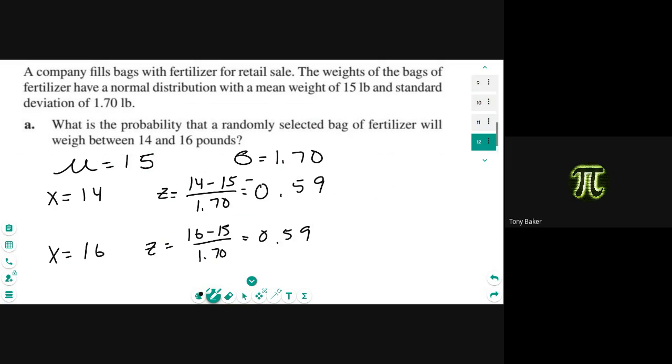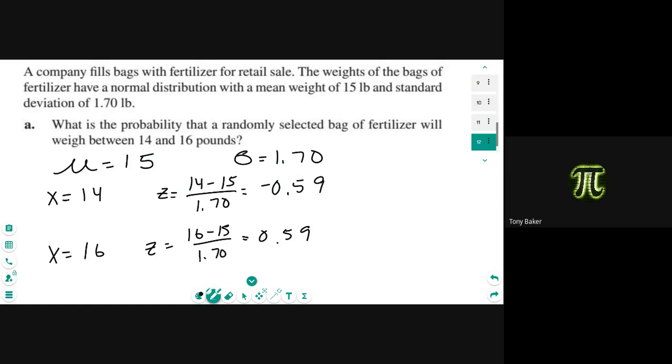So what do we do next? I go by the chart, find my probabilities, right? The only thing that changed was it was negative in the first one and positive in the second one. Hold on, let me make it a little better for the notes at the end. There we go. I didn't put the negative on my calculator because I knew it was negative and I didn't write it.